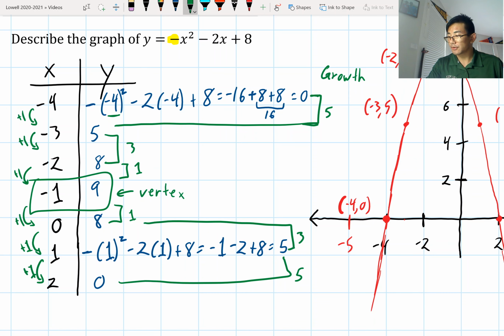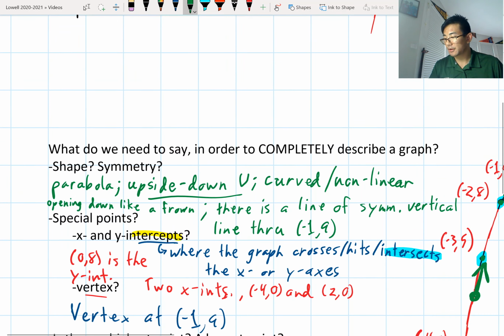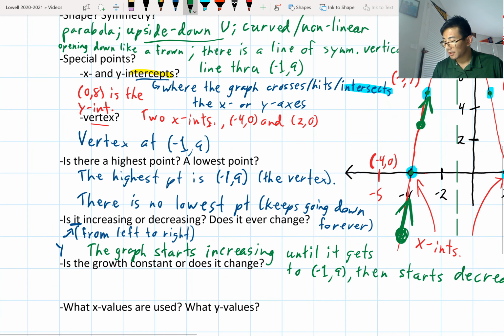And so here's what I mean by that. Near the vertex, it's small, right? It's 1. And then as you get farther away, it increases from 1 to 3, and then from 3 to 5. And so what I can say down here is, first off, no, it's not constant.